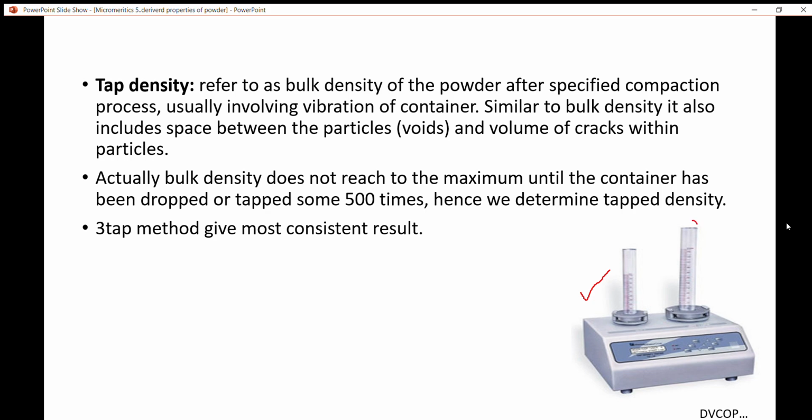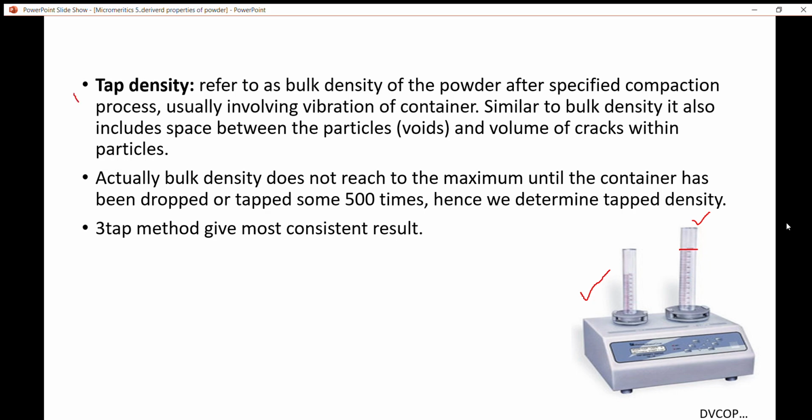In this cylinder, we can introduce the powder whose density is to be determined. Then after a specified number of taps, the volume of that powder in the measuring cylinder is determined, and by using the bulk density formula, we can easily determine the bulk density of that powder.